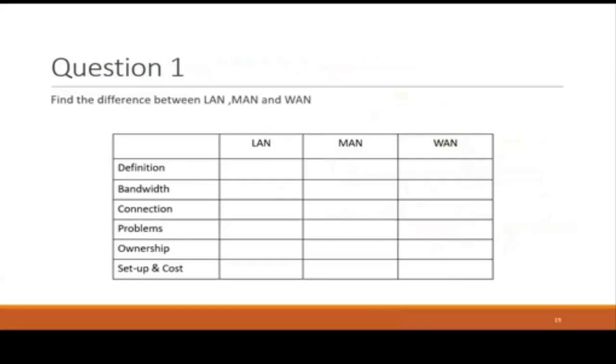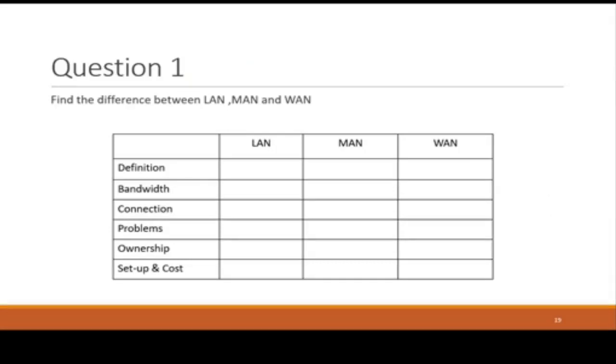So this is your first homework. You know the definitions of LAN, MAN, and WAN. I want you to find out the bandwidth and how these connections happen. What are the connection media? What are the problems with these networks?